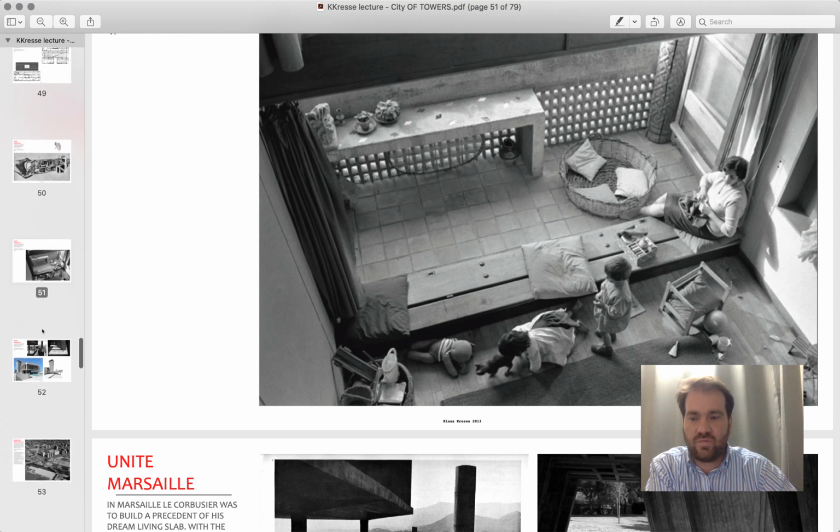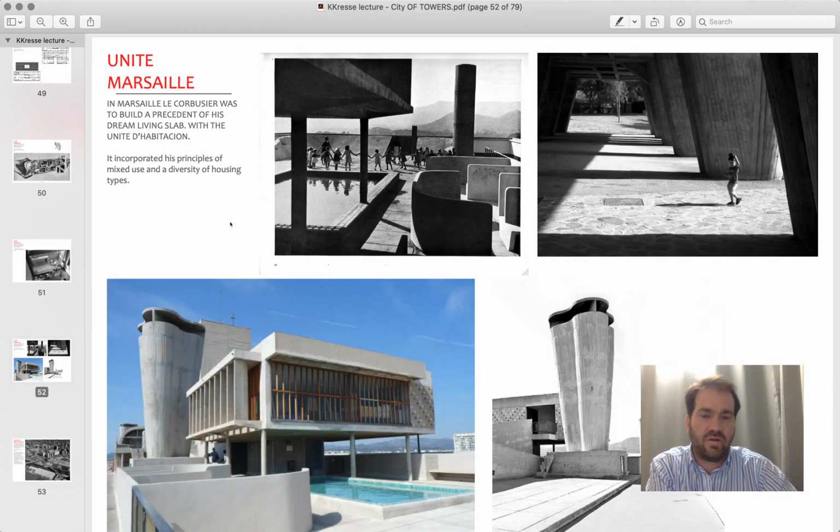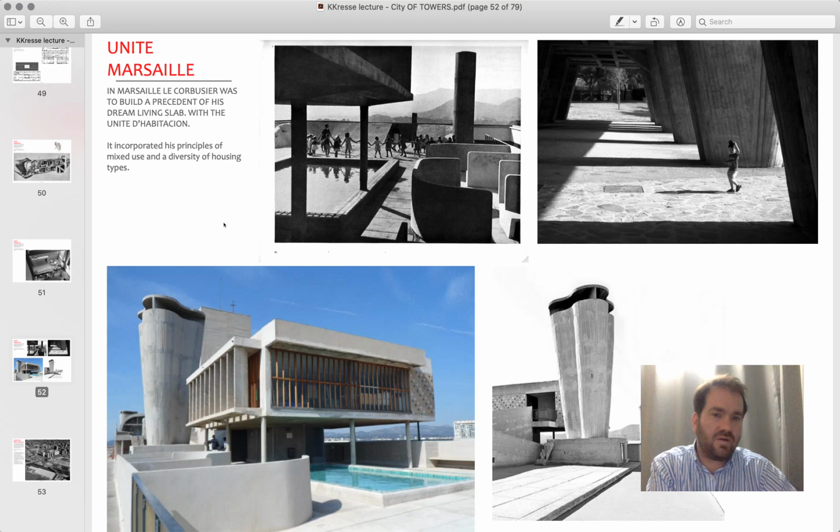Just to give you more of an impression how it works. The Unité building was not only housing, it was supposed to work as a small community. So you would also have the important necessities for daily life within the building. There would be a small shop, cafe, hairdresser, daycare, and so on.